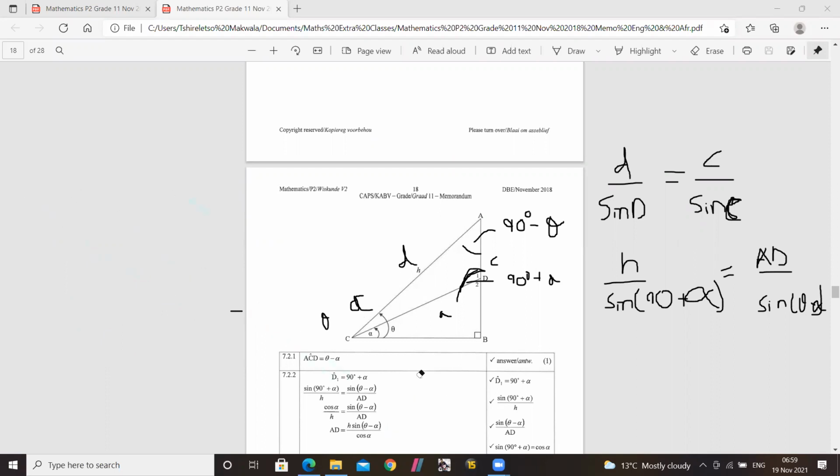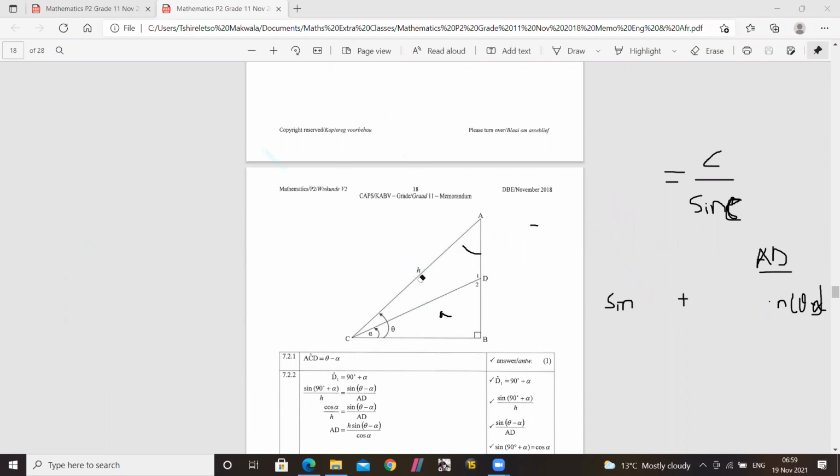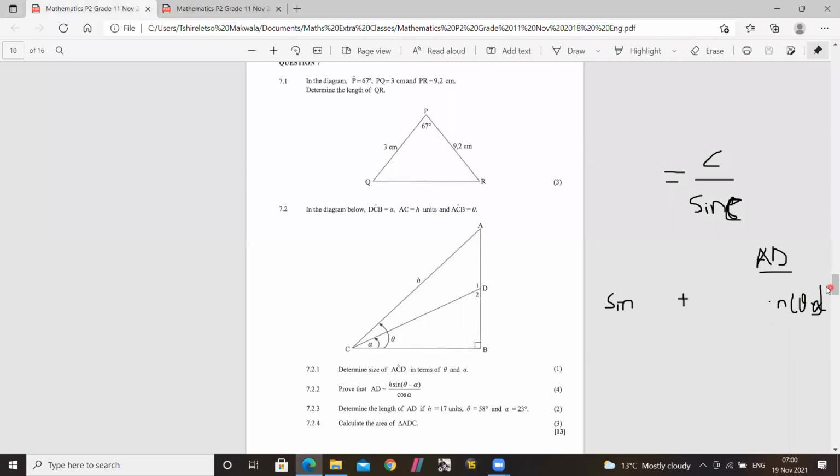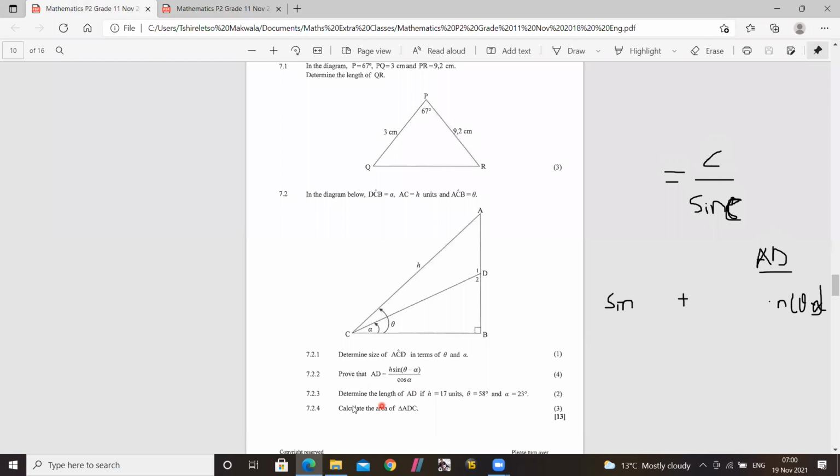Then let me just remove this thing here. Okay. Then 7.2.3 says determine the length of AD. So here it's just substituting in what you have and calculating the area using the area formula.